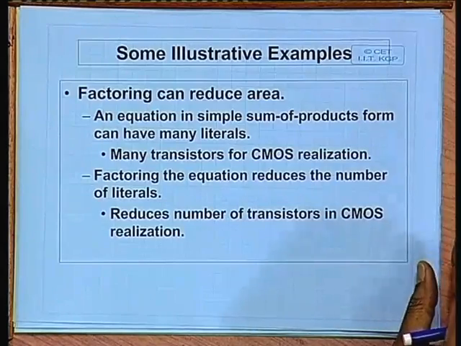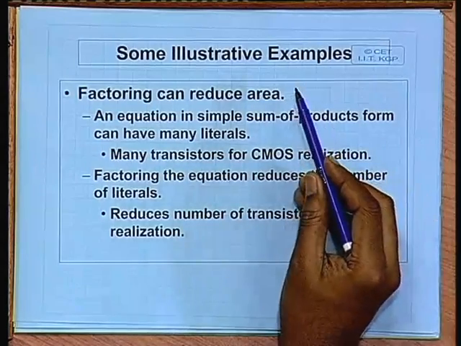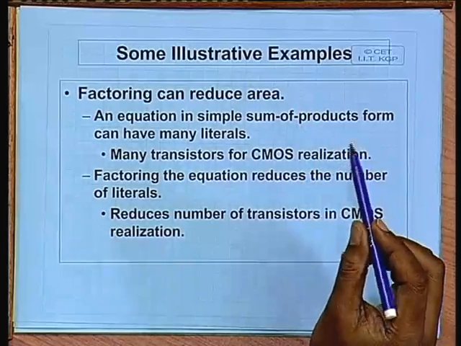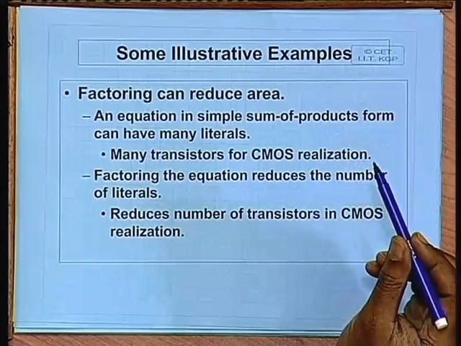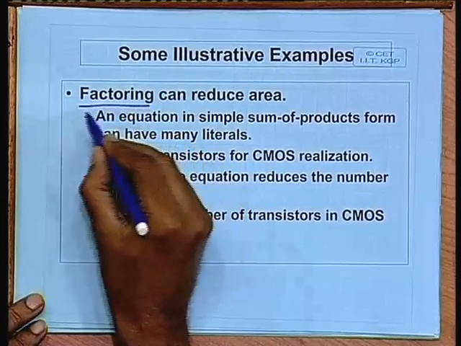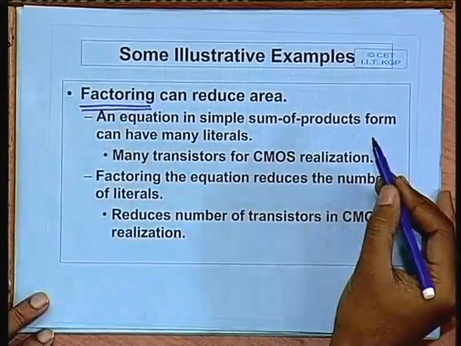Let us look at some of the examples, it will be clear how it works. What we are trying to say is that in the global optimization step we are using factoring. Factoring means weak division.